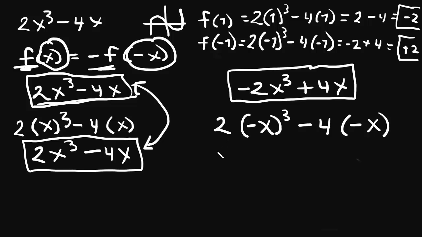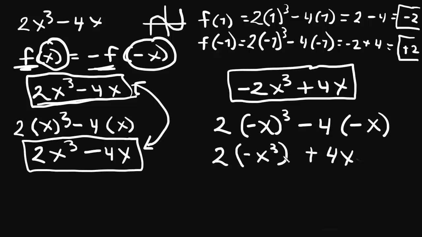So we've got 2 times, now x to the third power is going to be x cubed, and any negative raised to an odd power remains negative. So we've got 2 times negative x cubed, and we've got a minus 4 times minus x. 4 times x is 4x, but a minus times a minus is a plus.